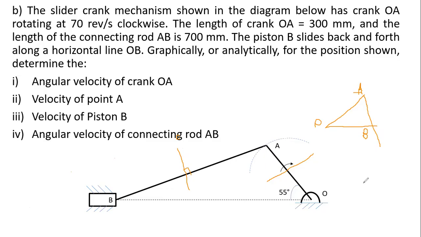So when the question is asking to find the velocity of piston B, you measure this OB. When I measure, this is the one that gave me 5.3 centimeters.